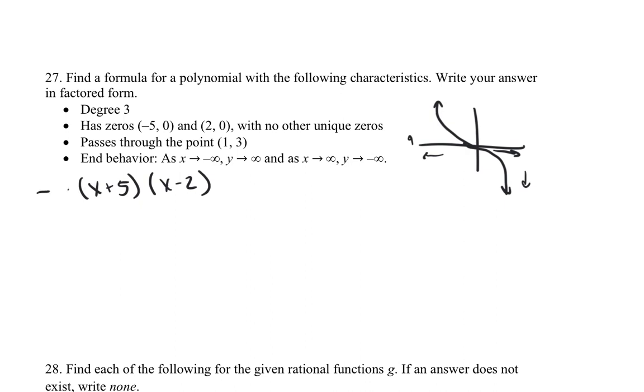But first, we should figure out what this a term is. We're going to start by squaring one of them, and we're going to square this one, just for now. So we're going to say that y is equal to this.